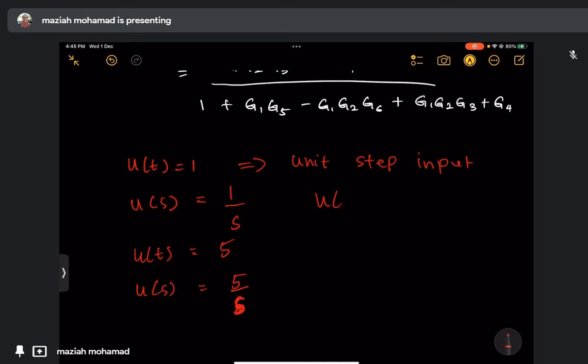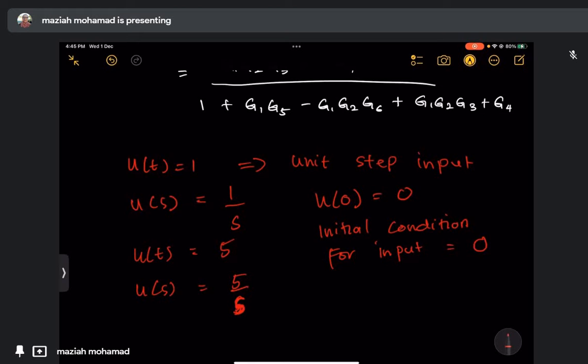It will become 0. This is the initial condition for input, because u is input, equal to 0. Oh, okay. Thank you, doctor.